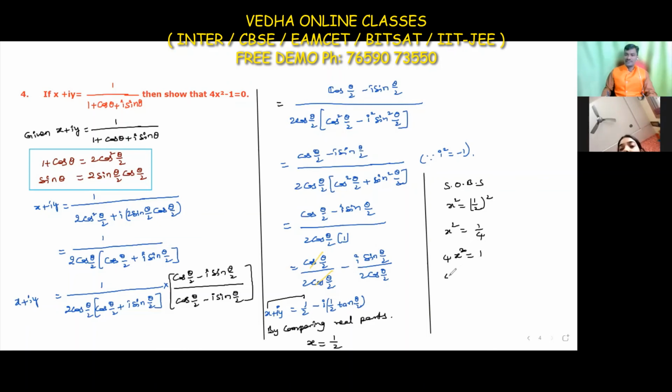Take 1 to the left side: 4x square minus 1 equals 0. This is what we had to prove. Understood? Yes, sir. Okay, so this is the required solution.